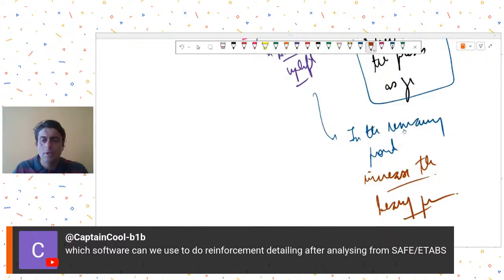Okay. The next query is from Captain Cool. Which software can we use to do reinforcement detailing? Reinforcement detailing you can do using manual methods.